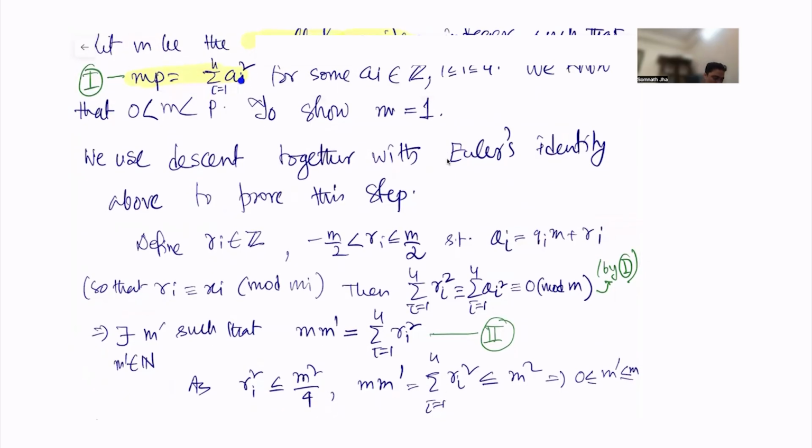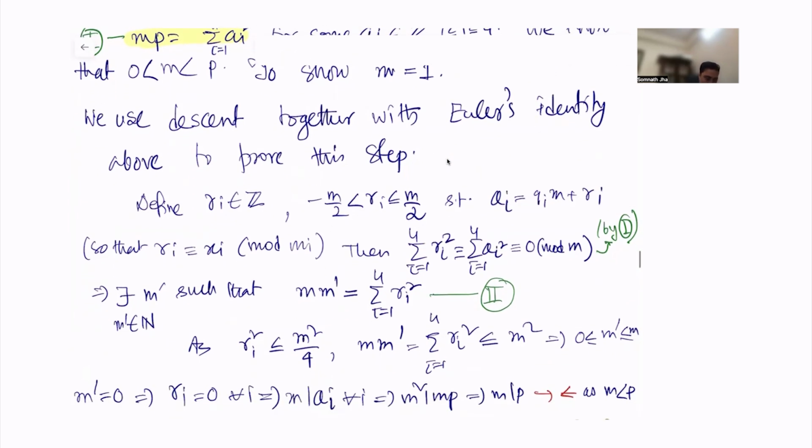So m squared divides mp, and m divides p by cancelling m. That is a contradiction, as m is between 0 and p, so m is less than p.